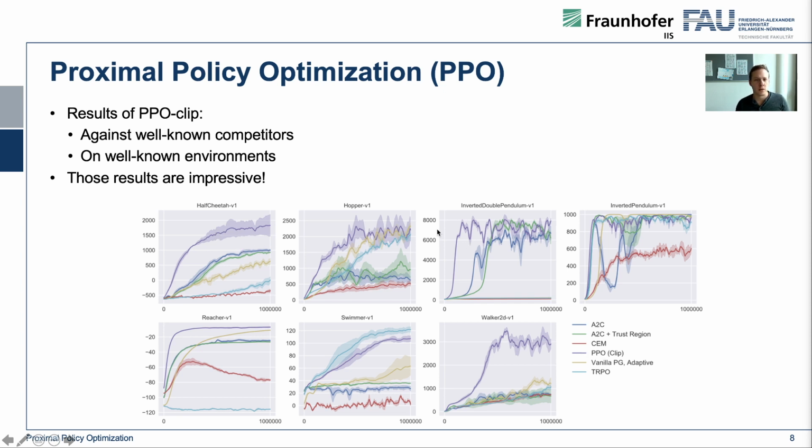On these well-known MuJoCo tasks, PPO clip usually outperforms any of the baselines that were in place before it was introduced. You see TRPO in this form in here, and you see PPO clip performing much better in practice on most of the tasks, because it's using only first order information, and it's much simpler to implement.